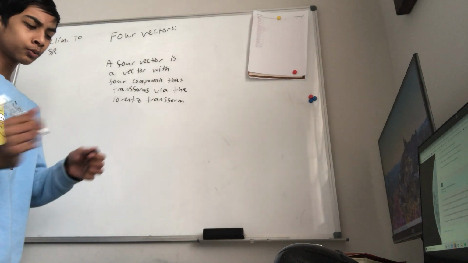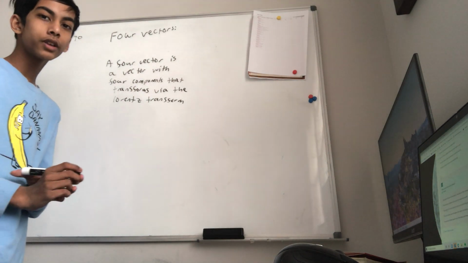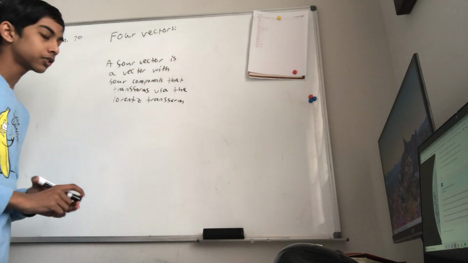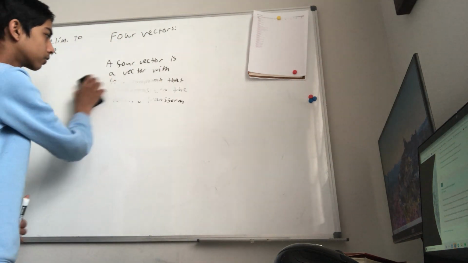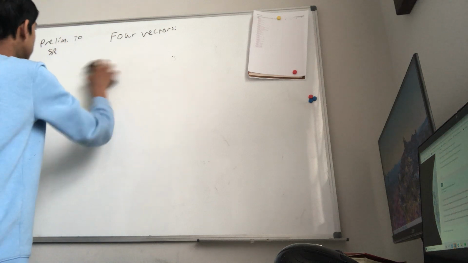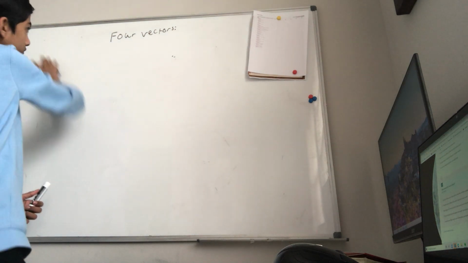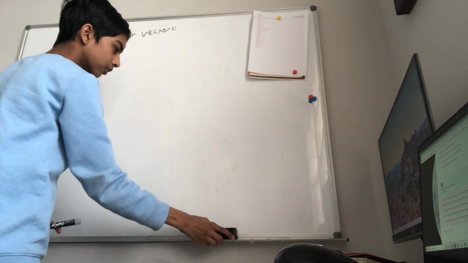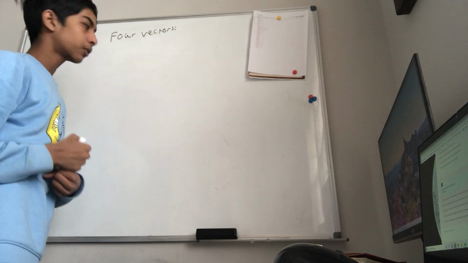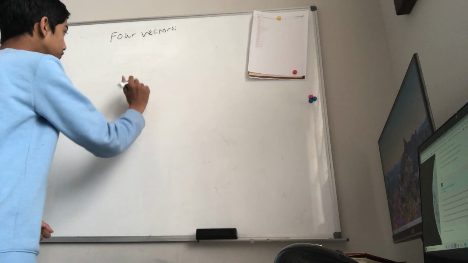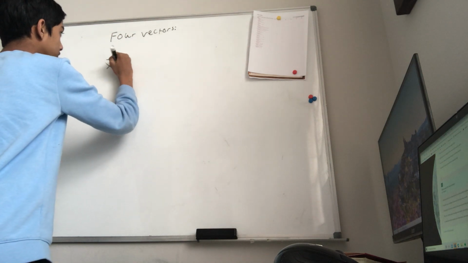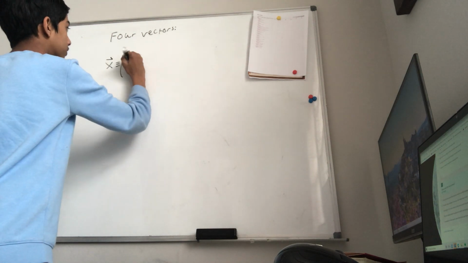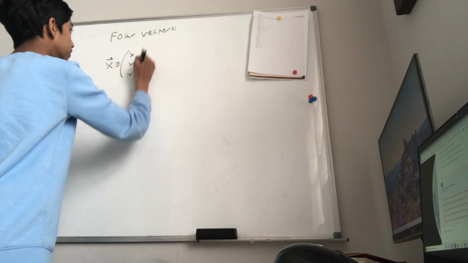So how exactly would you write a four vector, and how does it differ from the normal three vectors we see in classical mechanics? Well, usually with three vectors, you can define some vector, let's call it x, which is defined as x1, x2, x3.